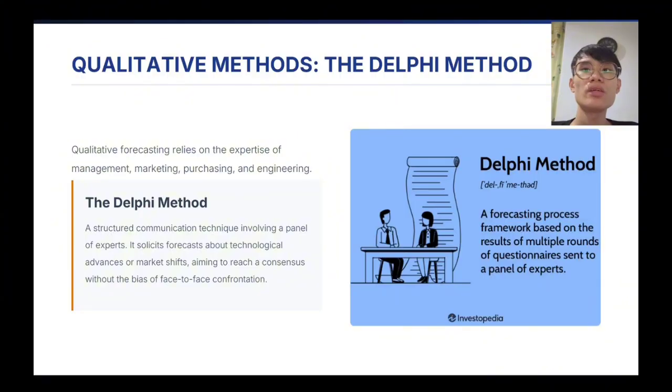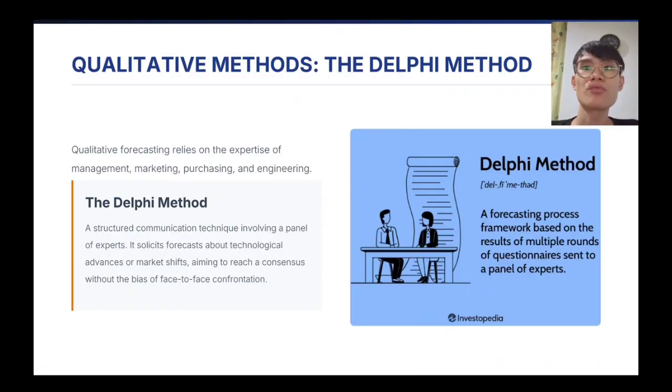These methods provide expert insight over numerical data. The Delphi method is a structured communication process designed to gather and refine expert opinions. A panel of experts is engaged in several rounds of anonymous questions. After each round, responses are compiled and shared with the group, allowing experts to reconsider and refine their viewpoint in light of the collective feedback.